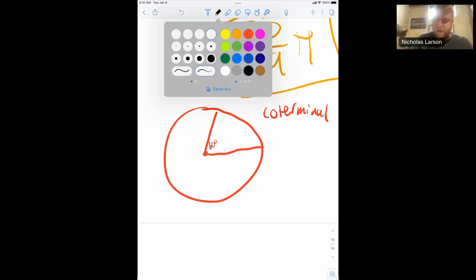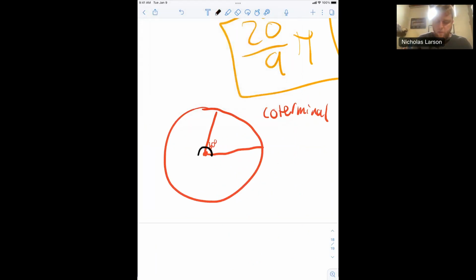I could spin all the way around, go past 360, and get to this angle again. So I would say 360 plus 60. One of these coterminal angles could be 420. So a 60-degree angle and a 420-degree angle are actually the exact same angle. I just went past 360.